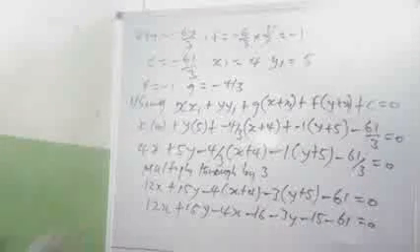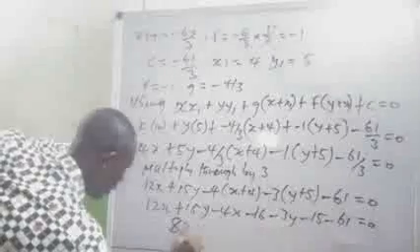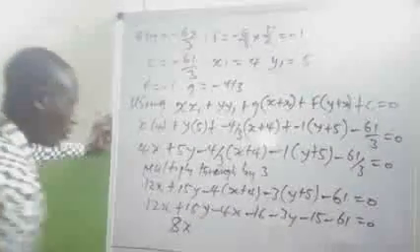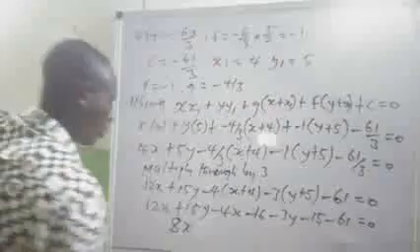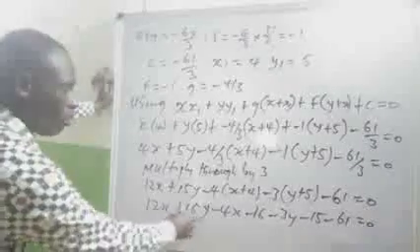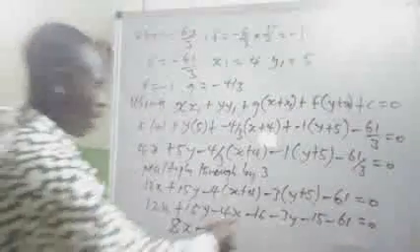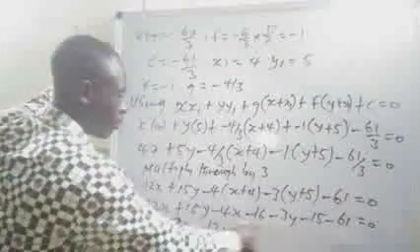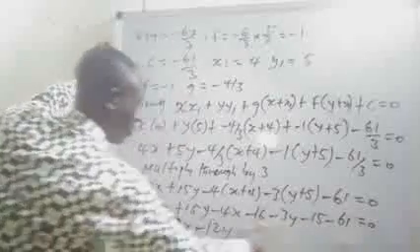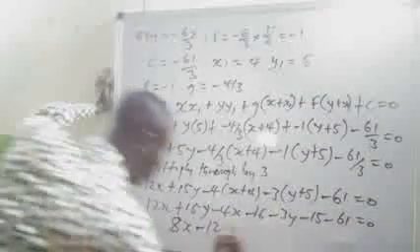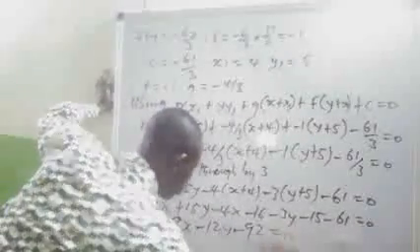And if you solve that very well, you have your 8x, that's 12x minus 4x will give you 8x. Then you have 15y minus 3y will give you 12y. Then we have minus 16 minus 15 minus 61, everything will give you minus 92 equals to 0.